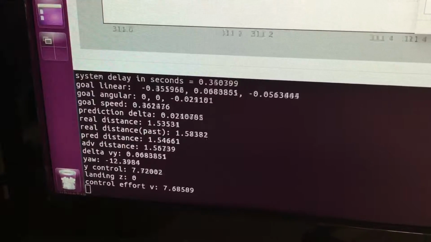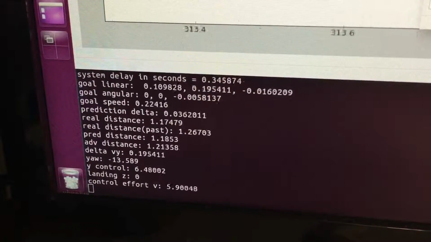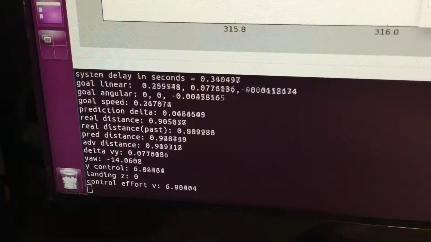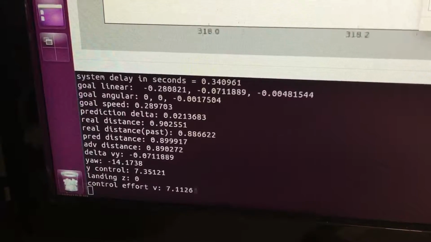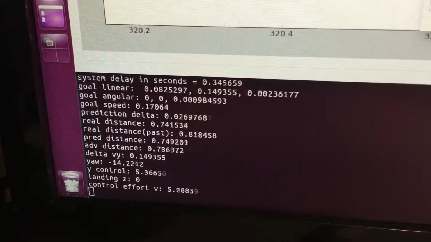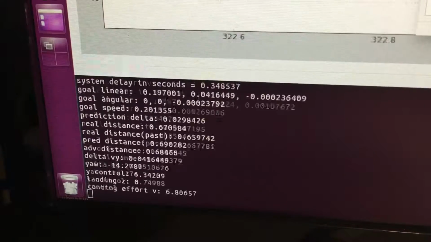So here we take a look. The distance has increased down to about half a meter.